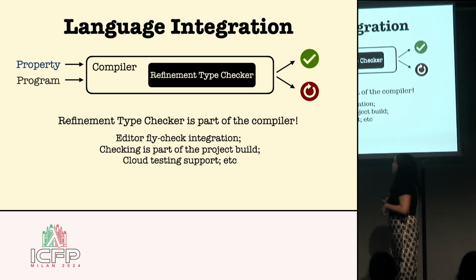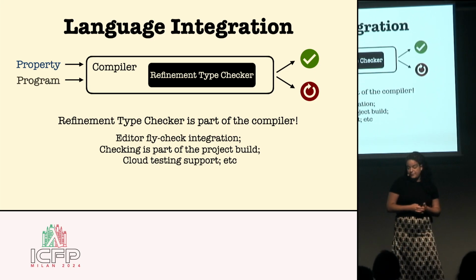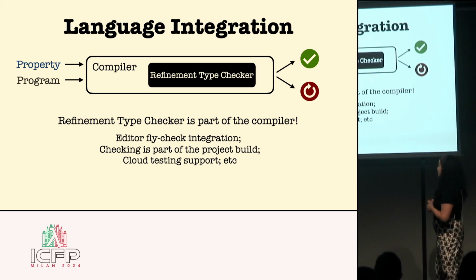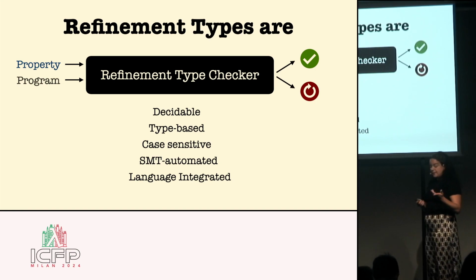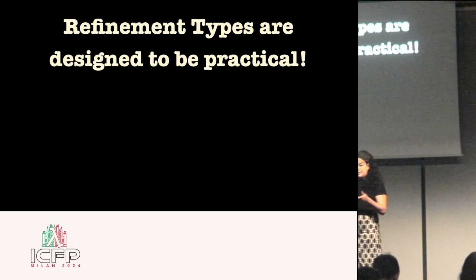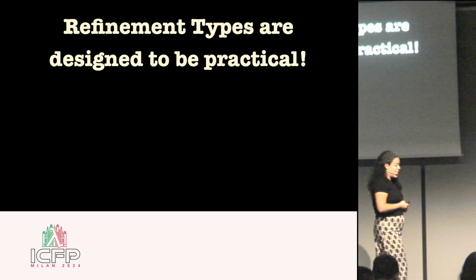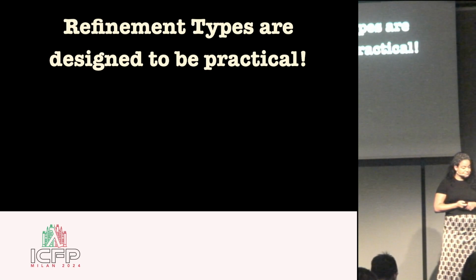You can have all this editor, flycheck integration, and all the features that are built for the compiler. You can have cloud testing support, etc. So refinement types satisfy by design all these features. And the reason why is that by design, refinement types are practical. They are designed with practicality in mind.